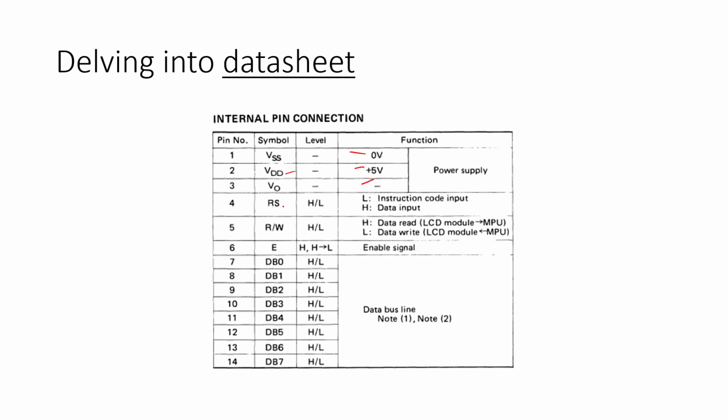Coming to RS, it is known as register select. You'll pull it high if the data you're keeping on the lines is data, or you'll pull it low if the information you're putting on the data lines is an instruction.